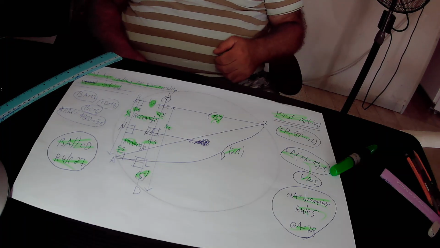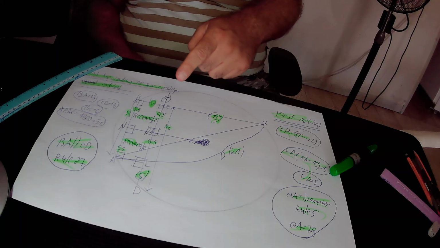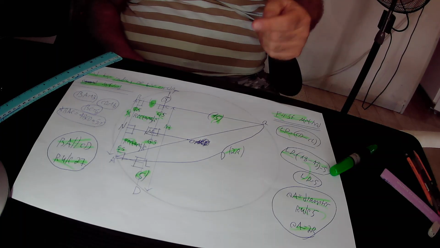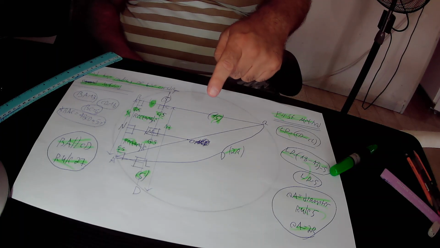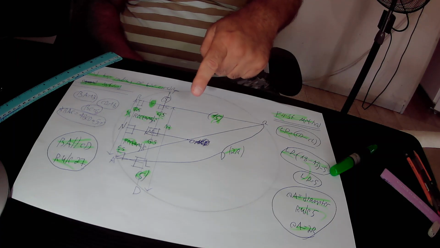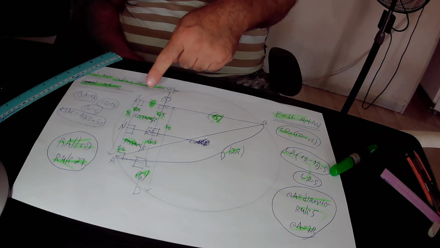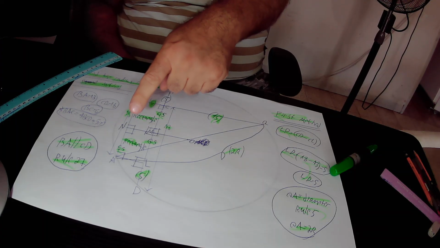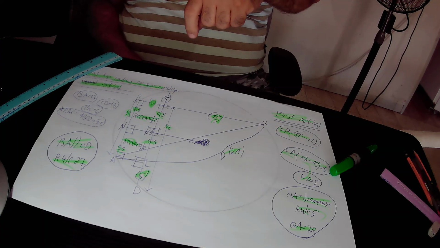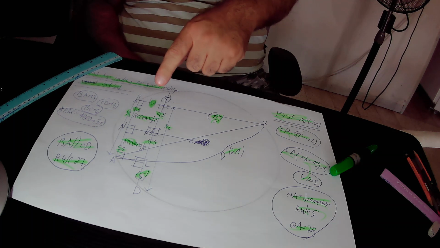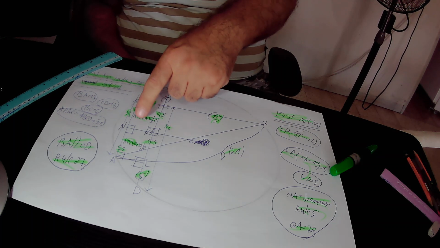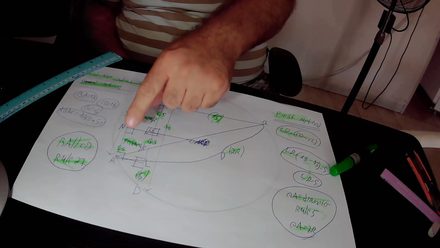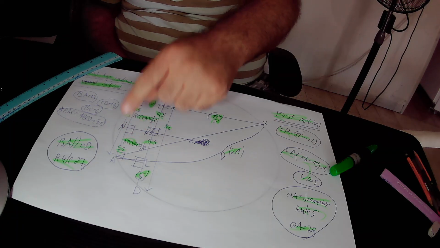According to rule 19, the perpendicular from the center of the circle to any chord bisects the chord. So the perpendicular ON from point O bisects chord BA. BA in total equals 13, therefore each half must be equal to 13 over 2, that is 6.5. So the first half BN is 6.5, and the second half NA is also 6.5.